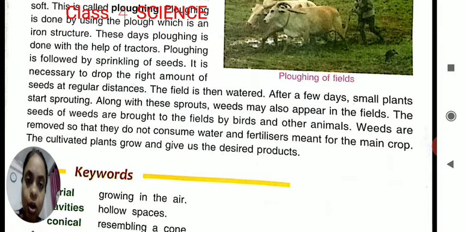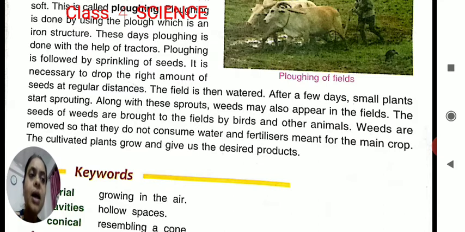Why do we do so? Because the main plant which has been cultivated there is not able to get proper water and minerals that have been given for those plants, because weeds are there and they disturb the growth of the main plants which have been cultivated there.